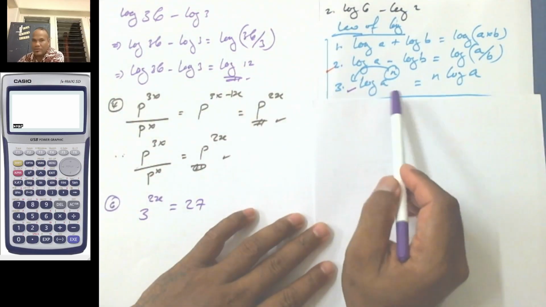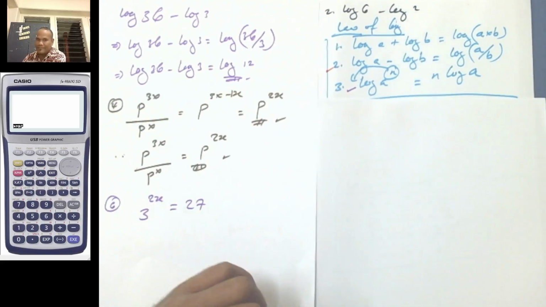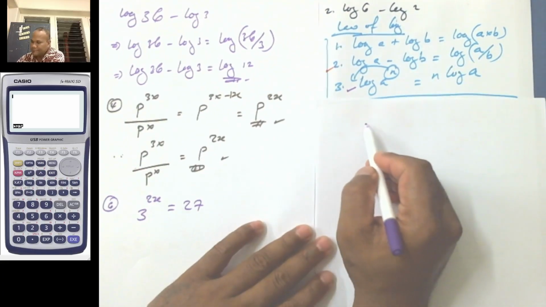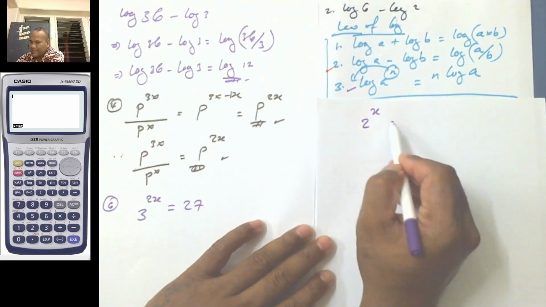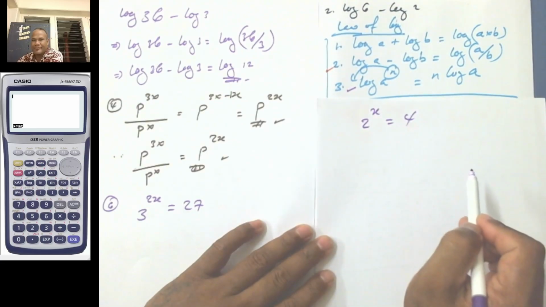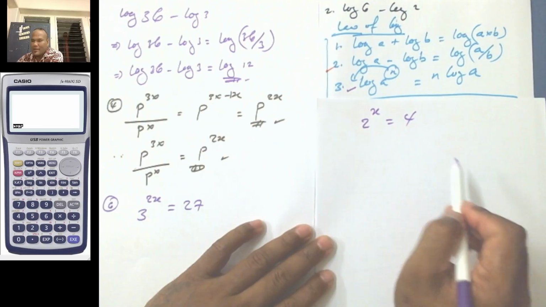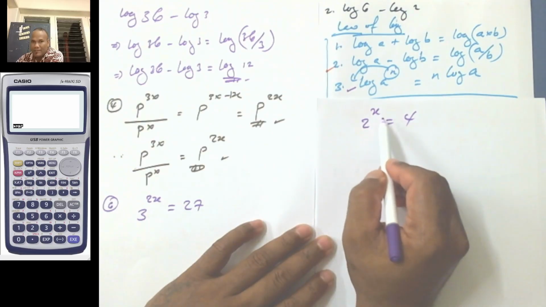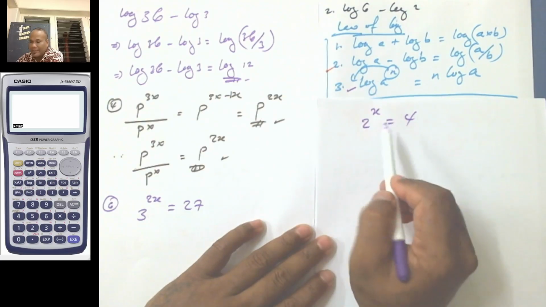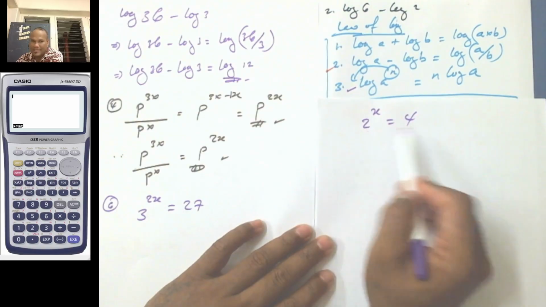We'll apply this law when x is in the power, meaning this: 2 to the power of x is equal to 4. When x is in the power, then we apply this law by putting log both sides.